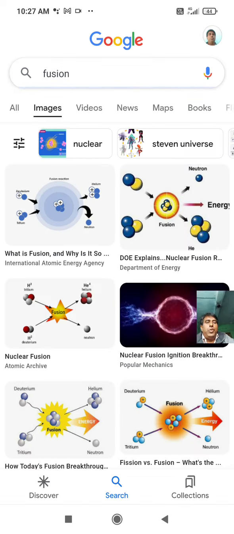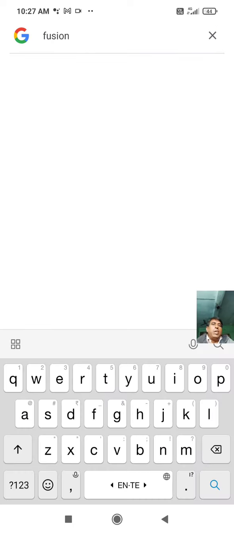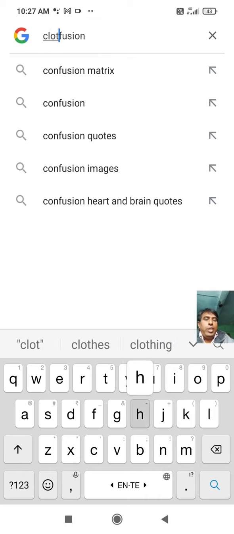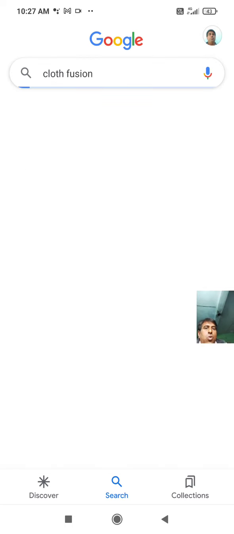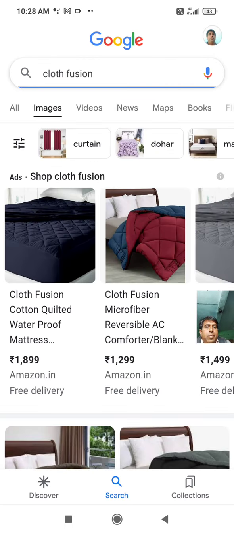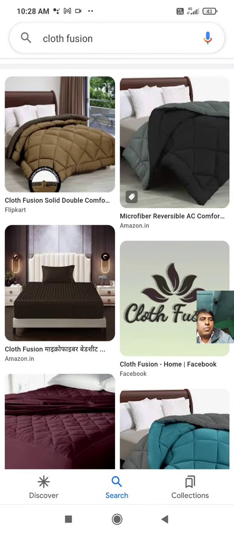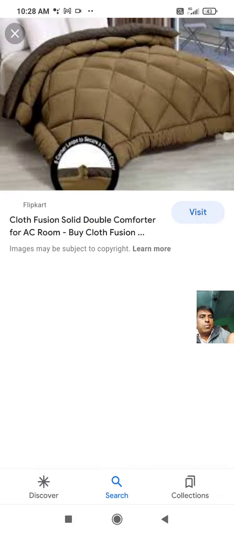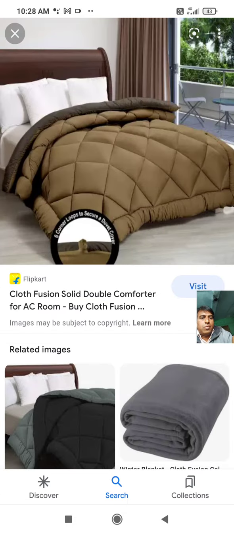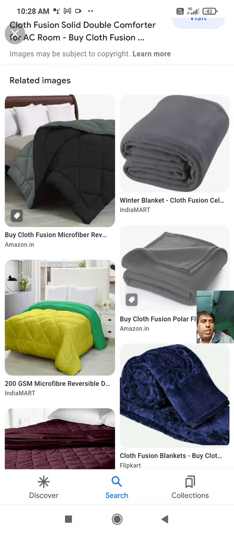So this is fusion, is nuclear fusion. It comes, I know that it will come. Nuclear fission and fusion. So that is one more term related to it. It is not showing actually.